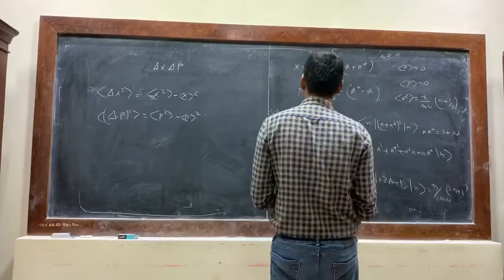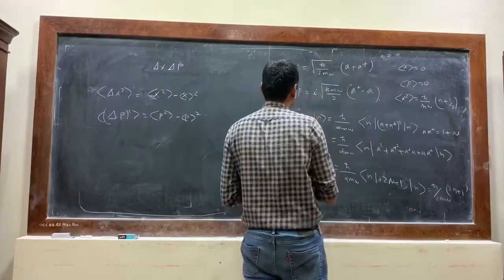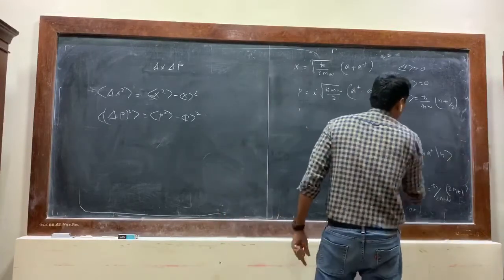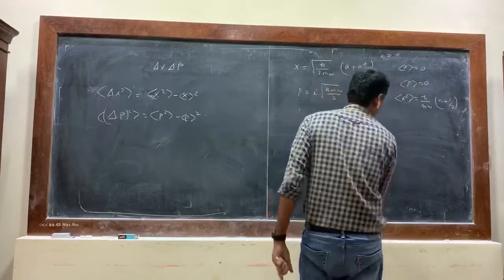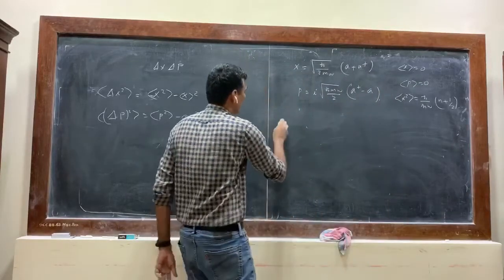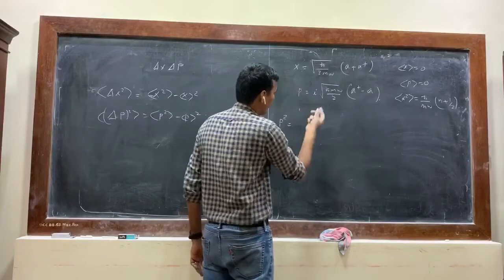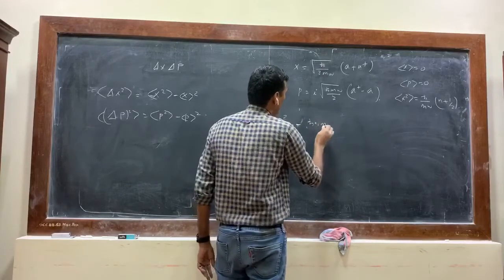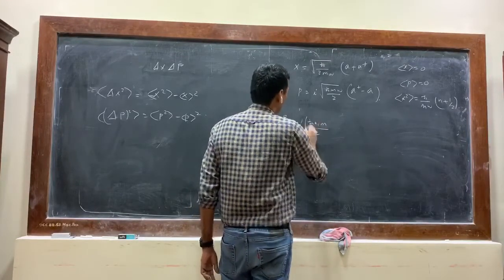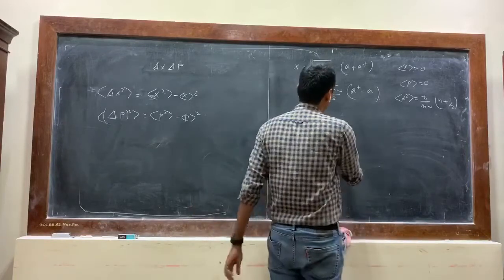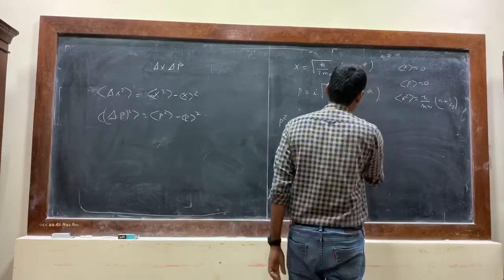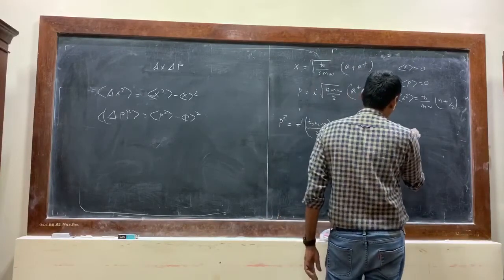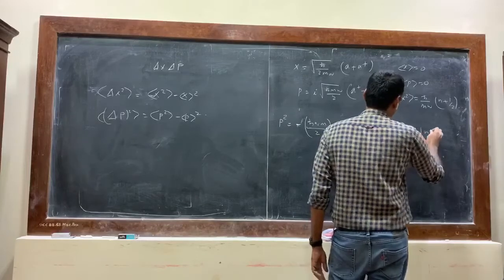Now similarly we will evaluate the average value of p square. P square will have a minus sign when you square it: minus h cut m omega divided by 2, and then <n|(a dagger minus a) whole square|n>, which is a dagger square plus a square minus a dagger a minus a a dagger.